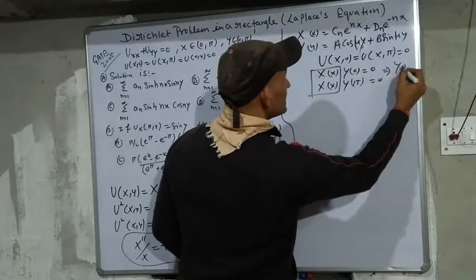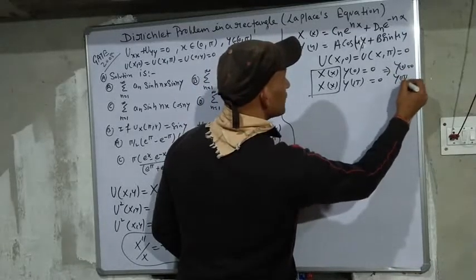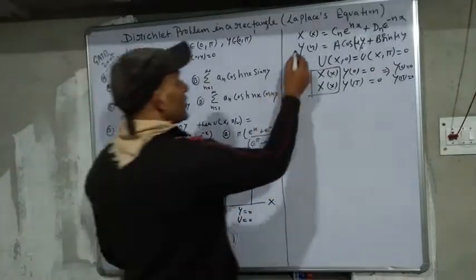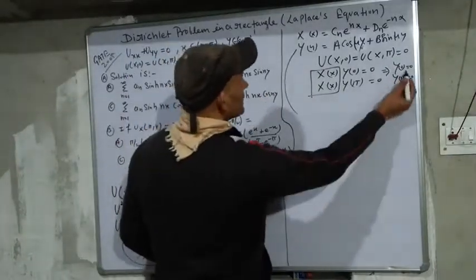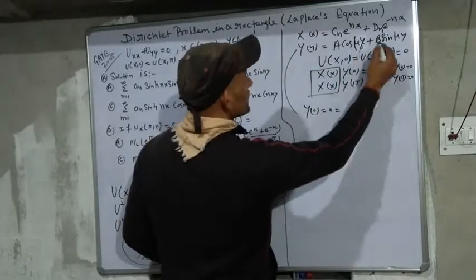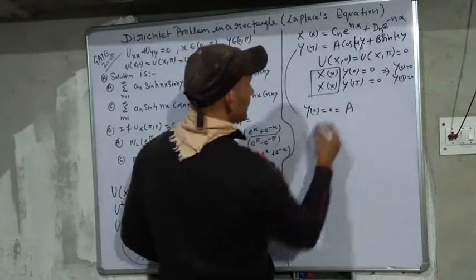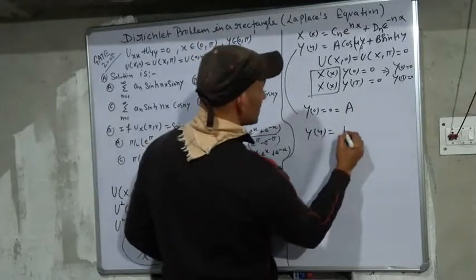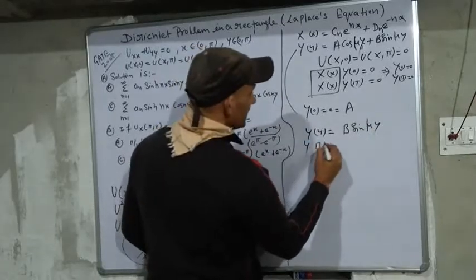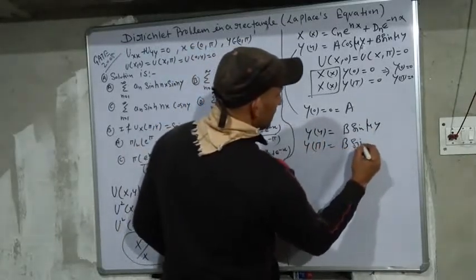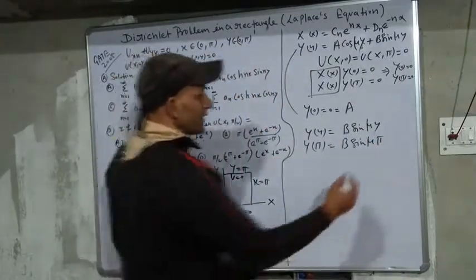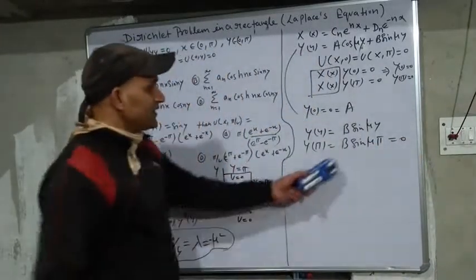It implies that Y(0) is equal to 0 and Y(pi) is equal to 0. I think you understand how to find this. So for Y(y): Y(0) is equal to 0, cos 0 is equal to 1, sin 0 is equal to 0, so a is equal to 0. Now Y(pi) is equal to b sin mu pi.